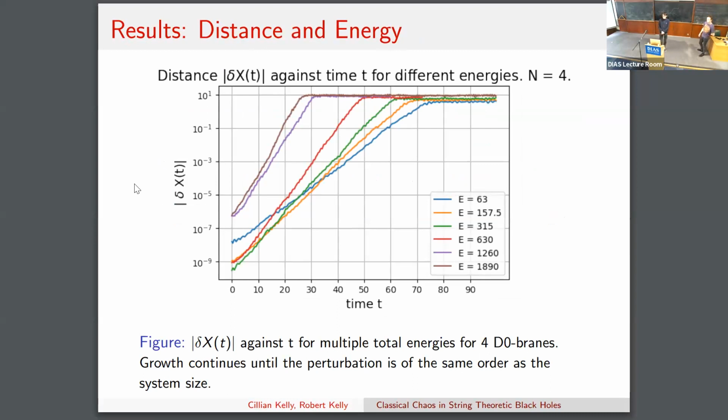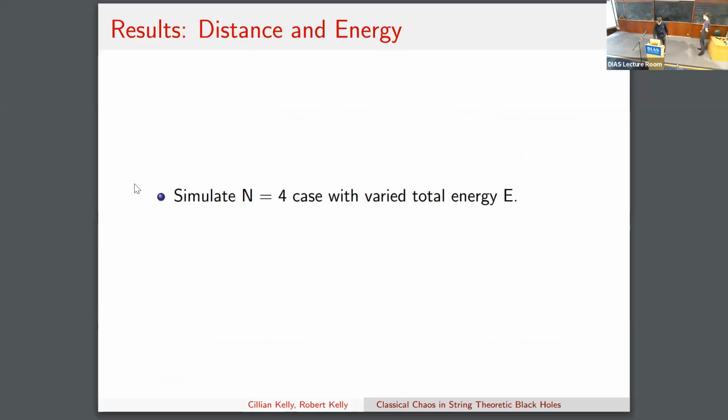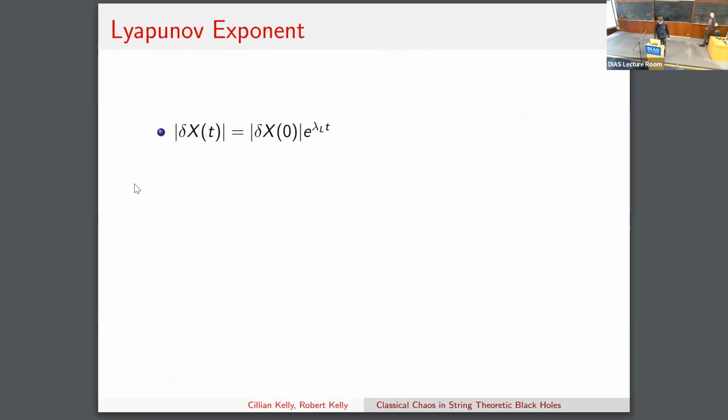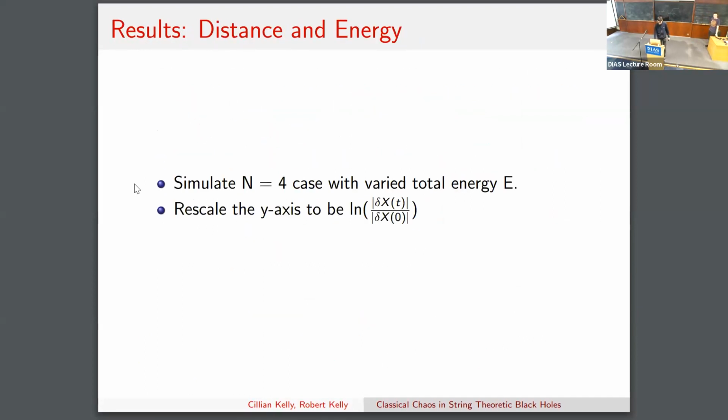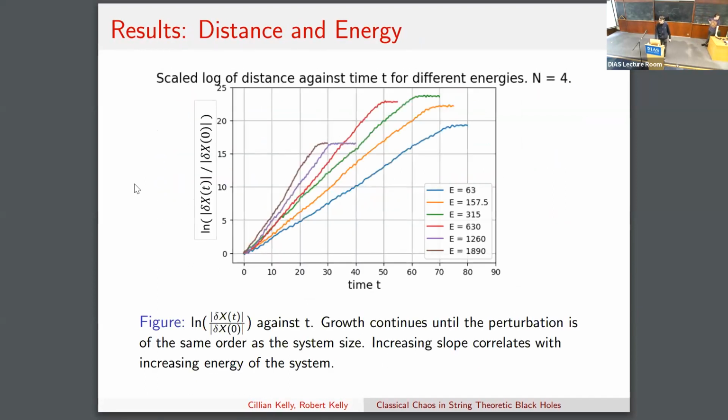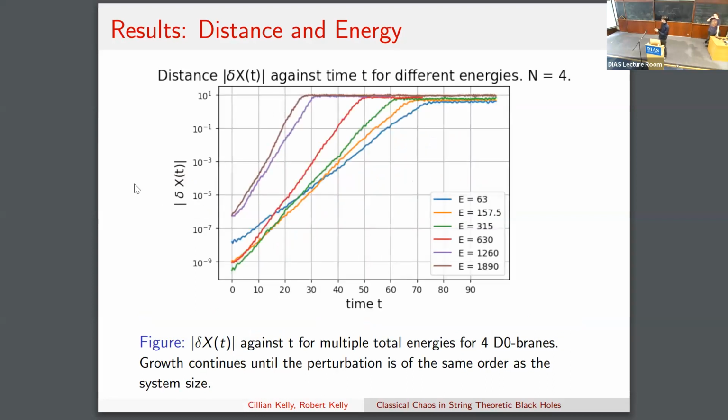I think it's the other slide. Yeah, that one. So the problem here is I've divided all of them by the initial distance between the two simulations, this delta x at 0. And for all the simulations I've run, you see that the initial distance is different for them.